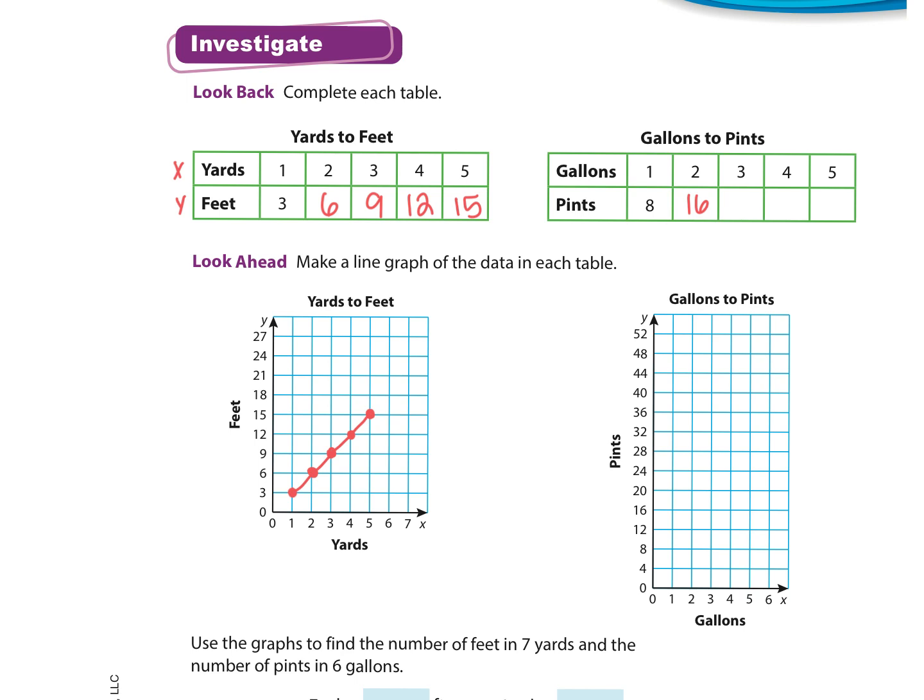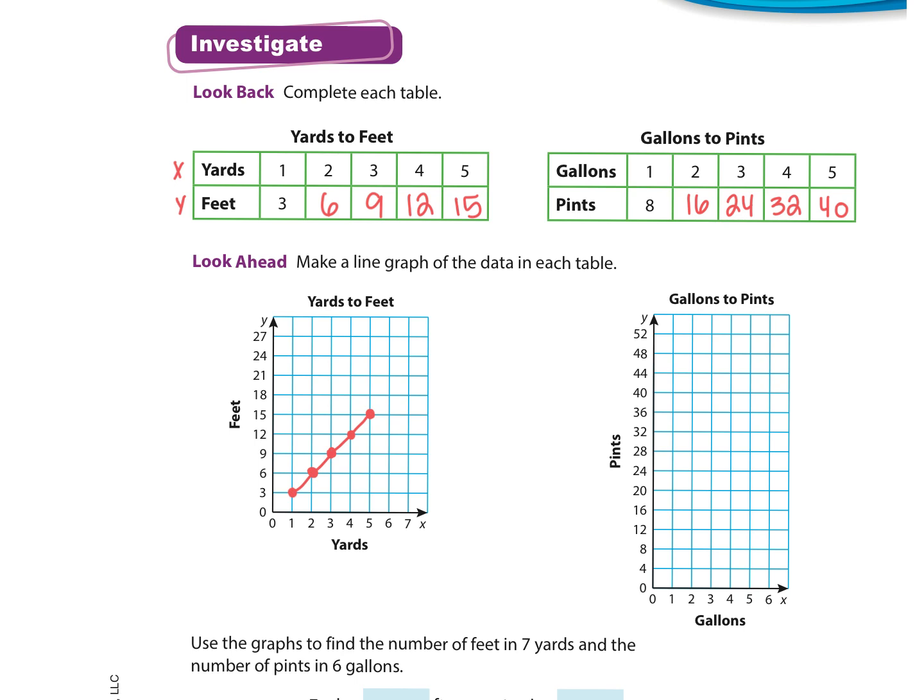Then I have 3 gallons, so I'm going to add 16 more, which is going to be 24, sorry, not 16 more, 8 more. That's why I confused myself. So I add 8 more to get 24 pints for 3 gallons. If I have 4 gallons, then I'm going to add 8 more to my pints, and that's going to be 32. And then 5 gallons would be equivalent to 40 pints.